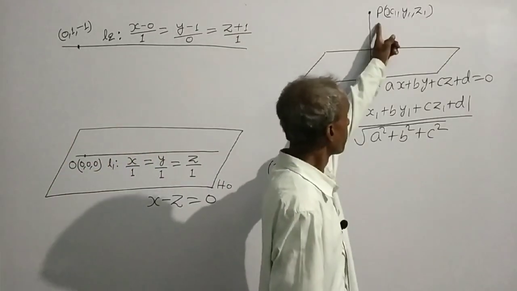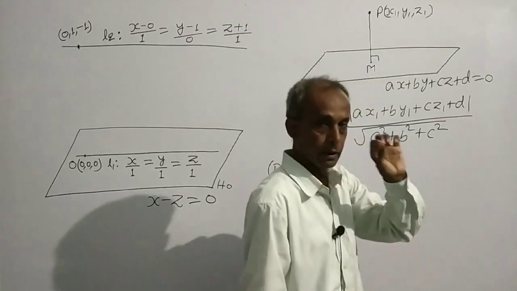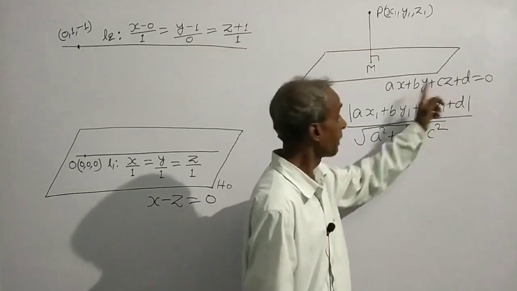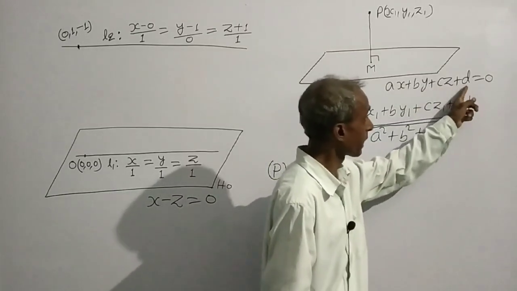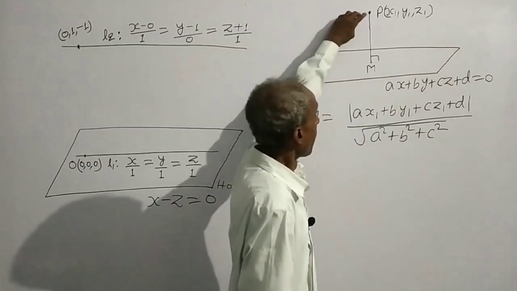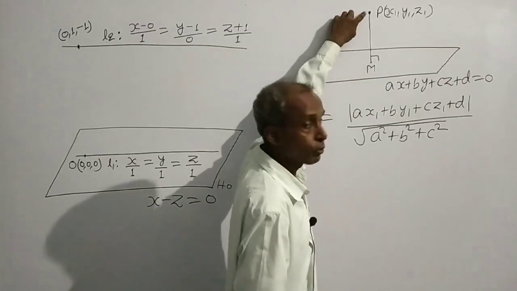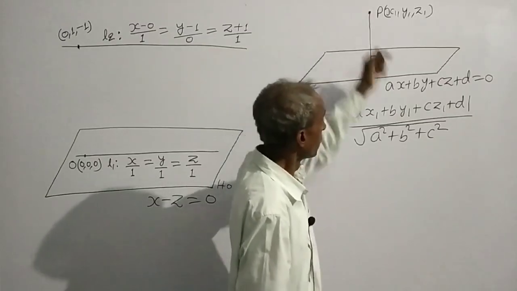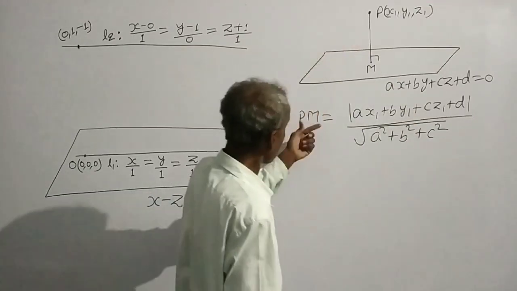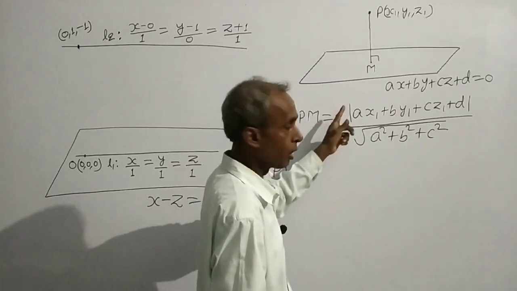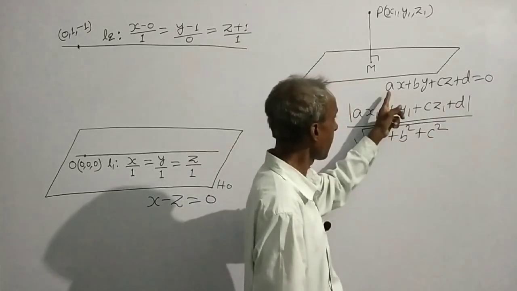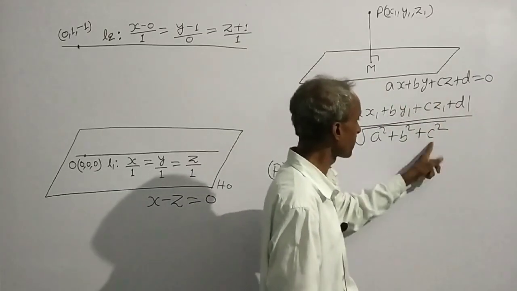If P(x1, y1, z1) be a point and ax plus by plus cz plus d is equal to 0 be the equation of a plane, and PM is the perpendicular drawn from point P to this plane, then the length of this perpendicular PM will be equal to mod of ax1 plus by1 plus cz1 plus d divided by the square root of a square plus b square plus c square.